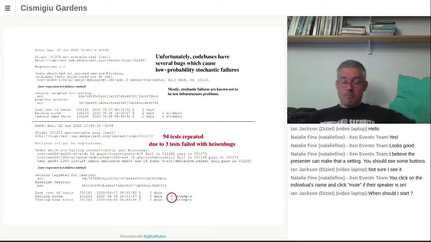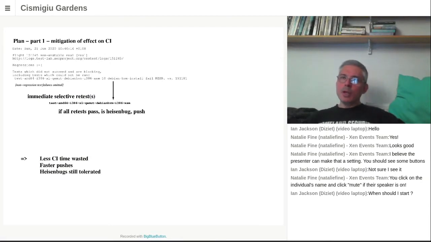So I have some plans to do something about this. The first plan is relatively straightforward, which is to mitigate the problem. It won't improve the code quality of the tree, but it will mitigate the resource wastage and the fact that we don't get code pushes to master.